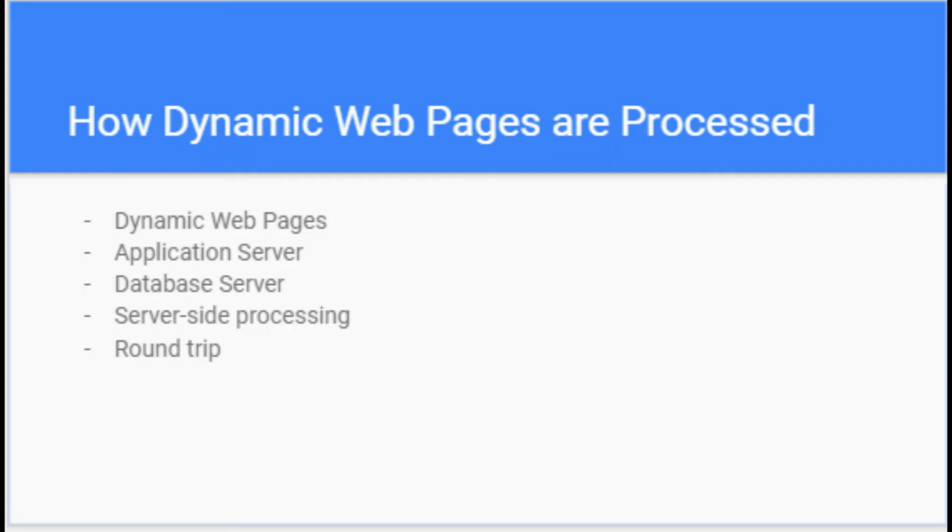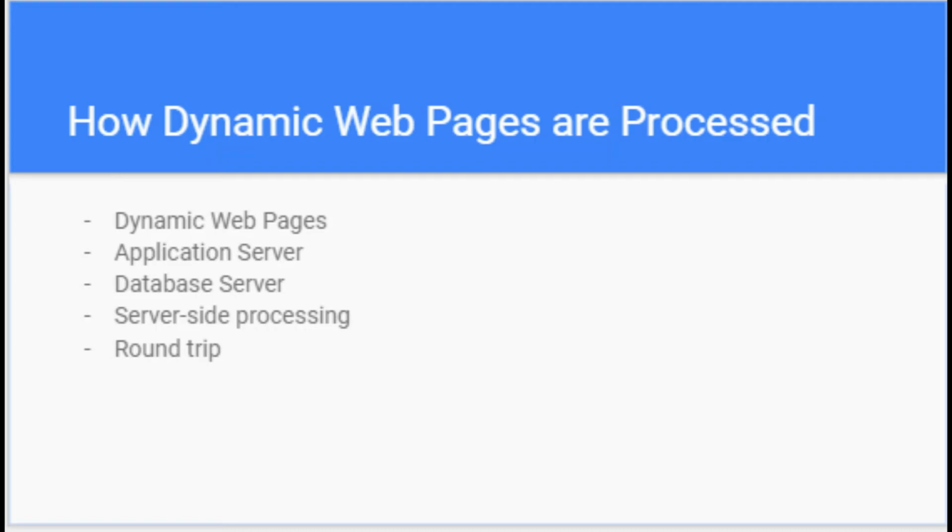Now, alternatively, a dynamic web page is different, as its name suggests, to a static web page, as it is created by a script or program on the web server each time it is rendered. The program or script is executed by an application server based on the data that's sent along with the HTTP request.